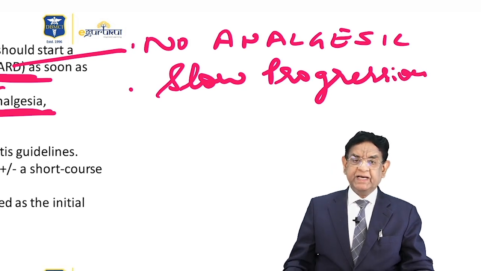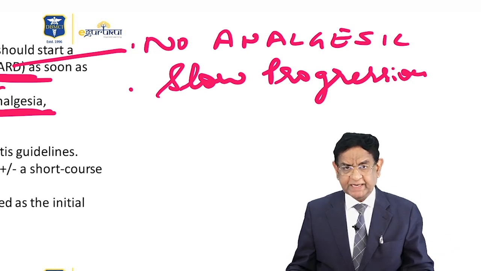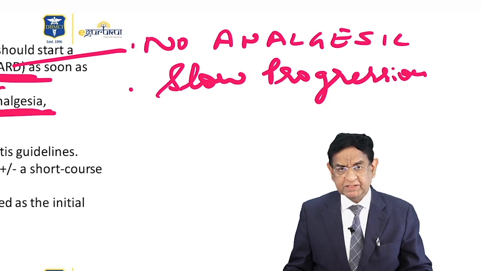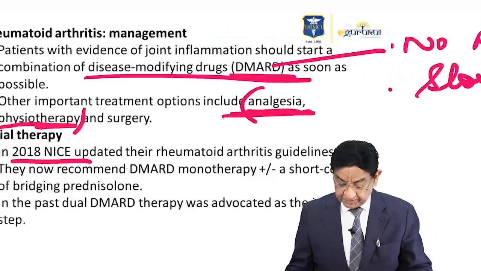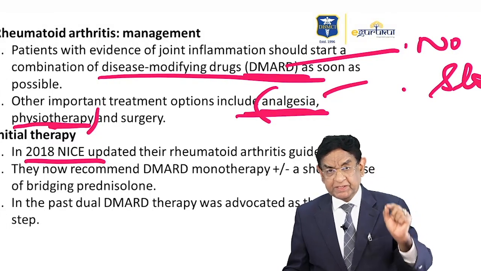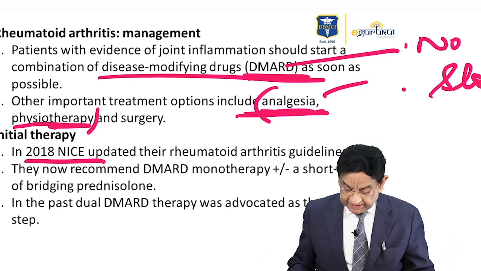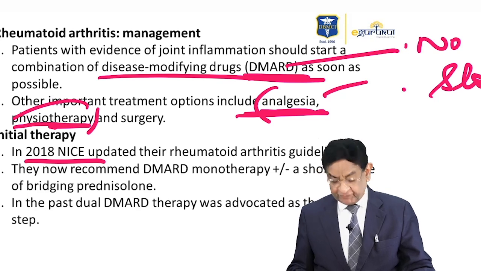They act like a brake, or a speed breaker to be more precise. When the speed breaker is there, automatically the car speed goes down. They simply reduce the progression of disease, but no analgesic action is there. So we have to give an analgesic also. When the patient comes to us for the first time, you have to give a painkiller and start DMARD immediately, and physiotherapy.